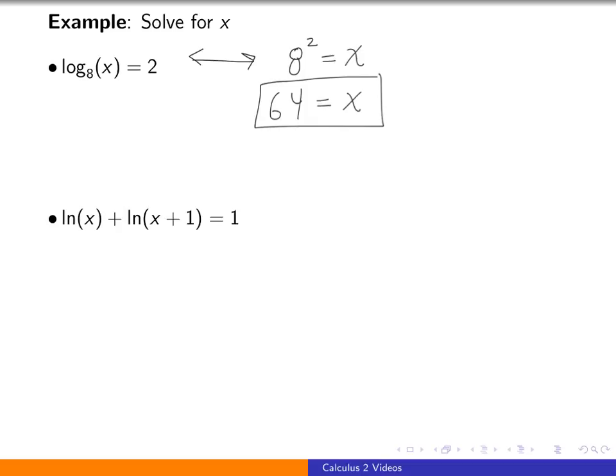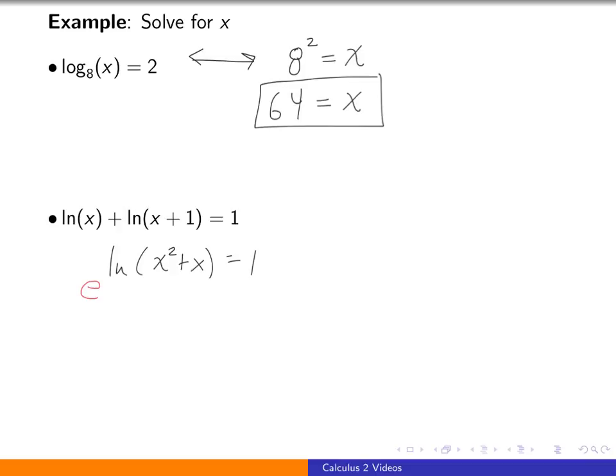In the next example, solving for x, it was hopefully a familiar type of problem. We did simplification similar to this in a previous video. We can combine on the left-hand side and think of this as being the ln of x times x plus 1, so x squared plus x. When you combine two natural logs with addition, what you do is multiply together the insides of those natural logs. Now we use properties of the inverse. We know the inverse of the natural log is exponential.